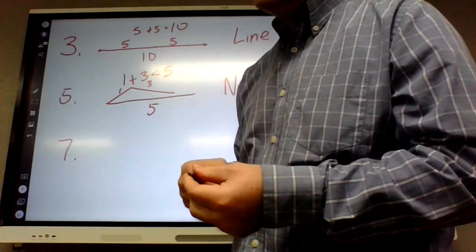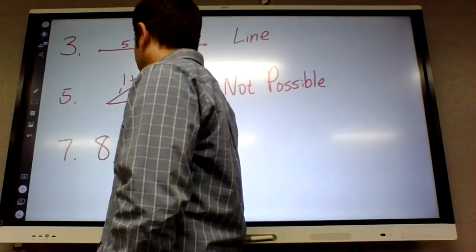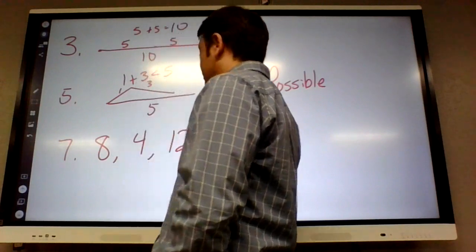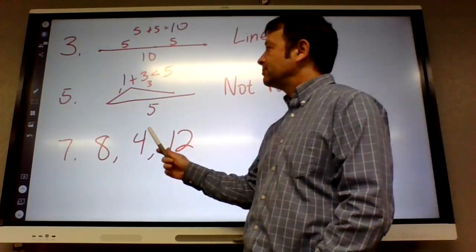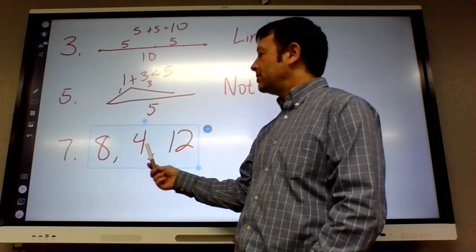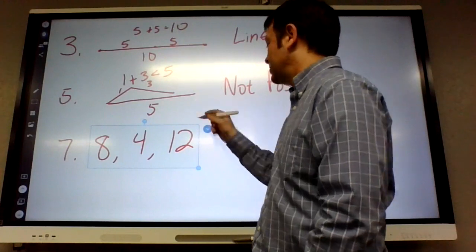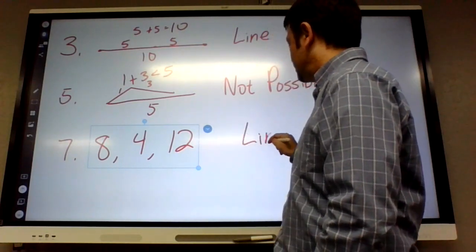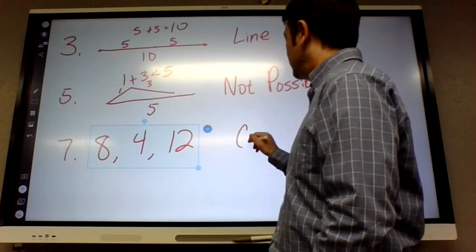So on number 7, 8, 4, and 12. What would that make if you tried to make a triangle out of those sides? It'd be a line. Yeah. 8 and 4 together can only reach 12, so it'd be like a straight line. Not a triangle. Let's put line. Oh, they put collinear points, didn't they? I'll go ahead and write that.